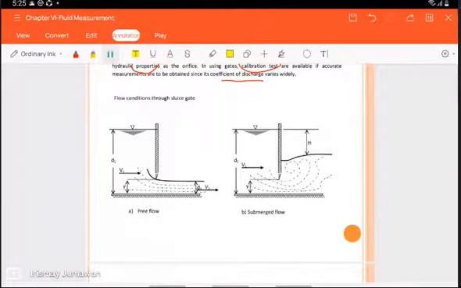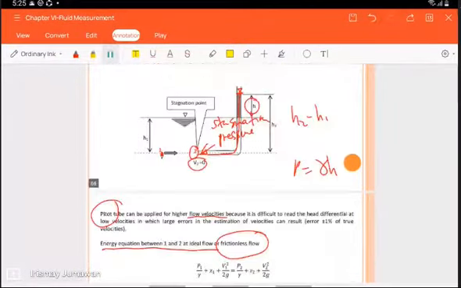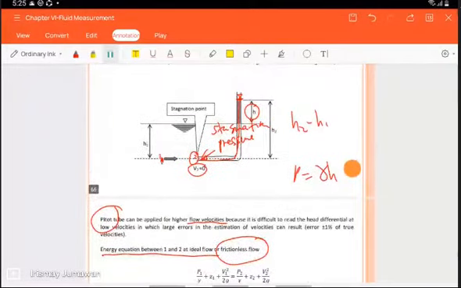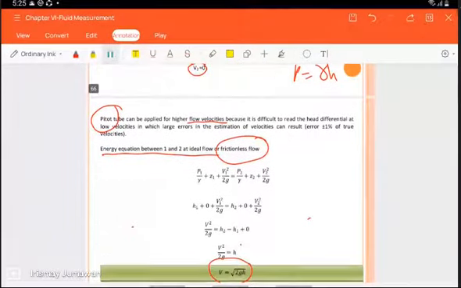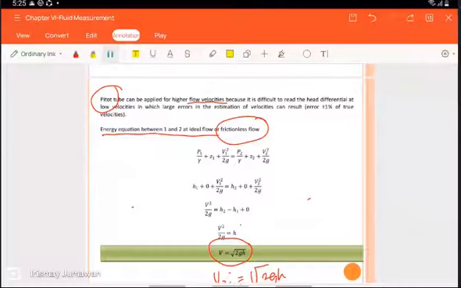Again, from this equation, from the Pitot tube, you don't need to memorize the formula. There are times you memorize the formula to make it easy, but later on you will forget it.